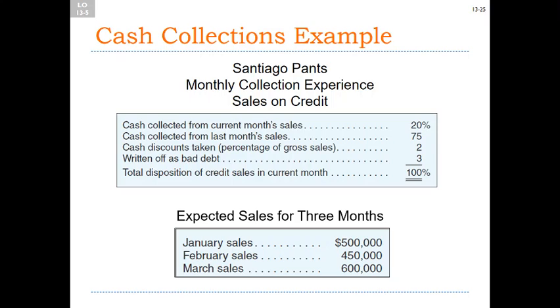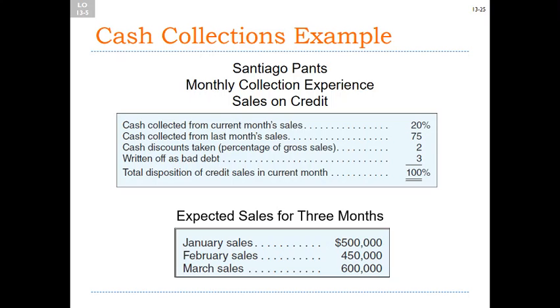They on average collect 20% of their current month's sales, and 75% of those sales are collected in the following month, the month following the month of sale. They also, based upon historical information, have cash discounts that are taken for 2%, and there's another 3% that on average are considered bad debt.